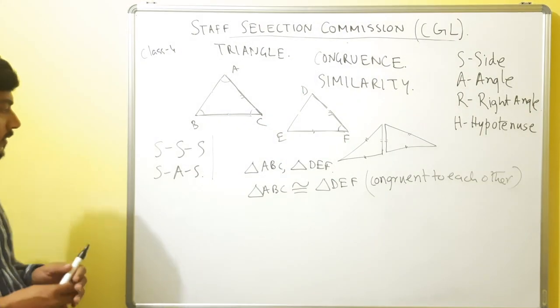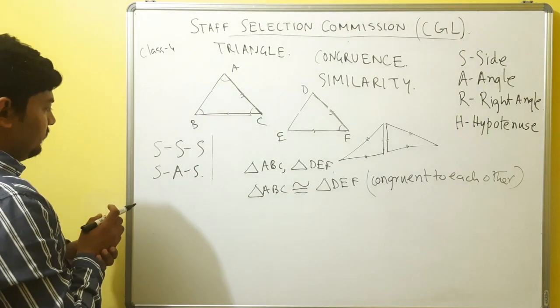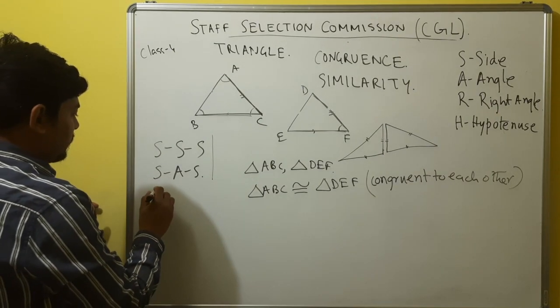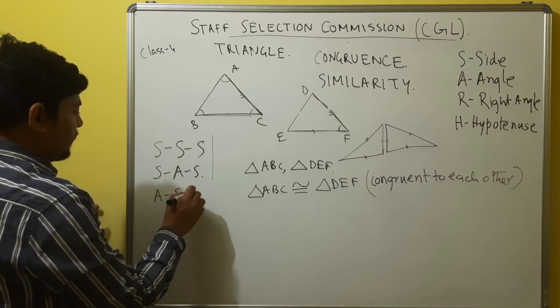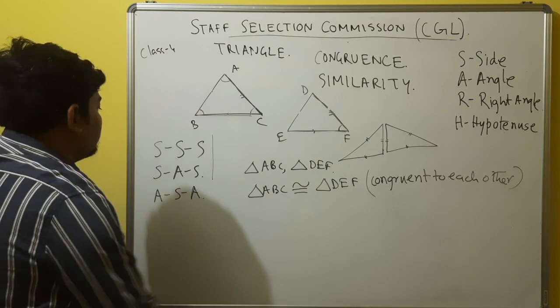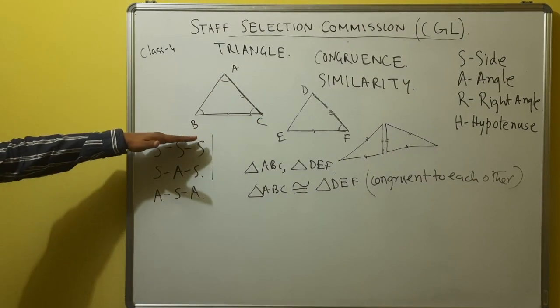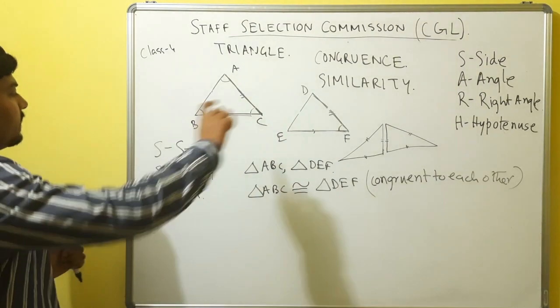What are the other things? Other thing is angle side angle. In this case, if you see, right, these are all sides. Now one side got reduced and one angle is introduced.